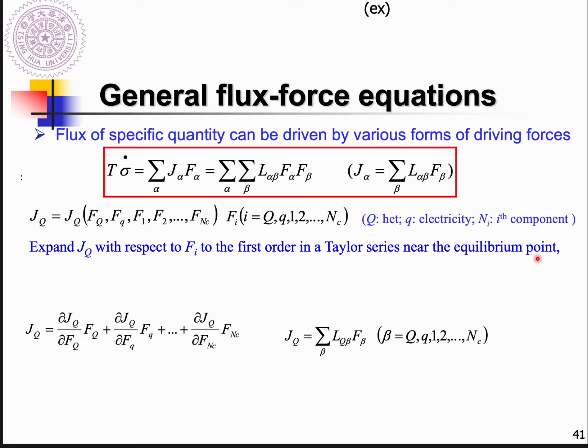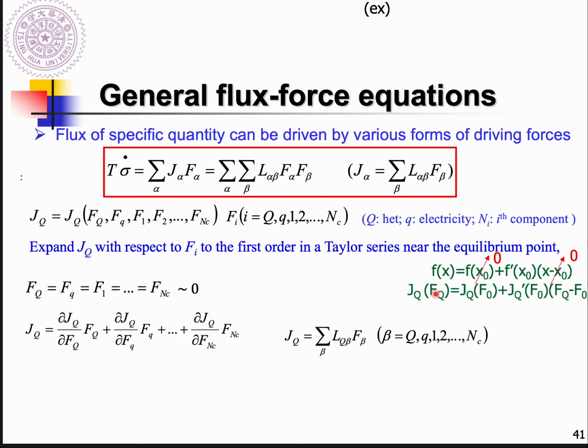Near the equilibrium point means the driving force is very near to zero, just tiny or very small away from zero. So based on this, we can write it down, right?